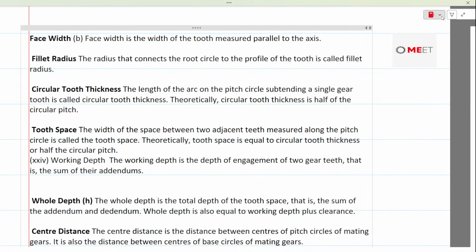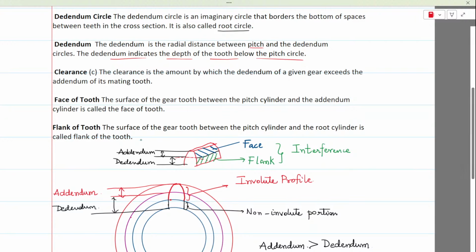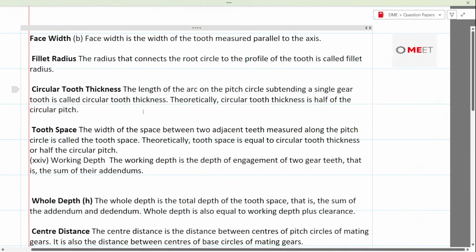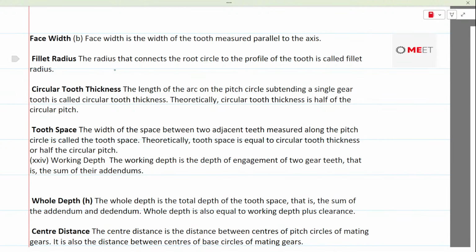So face width, I have told you that already. Let me mark it over here. This dimension is called face width. And the fillet, the radius that connects the root circle of the profile to the tooth, is called fillet radius. Sometimes to the involute profile, you connect using a different radius.